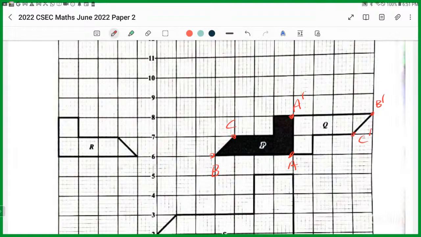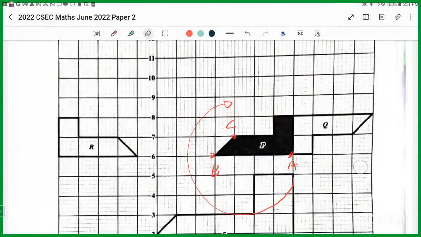Now, if I check the orientation of these three, right now it is clockwise. If I check the orientation of these three, A to B to C is still clockwise. So I know it's not a reflection because the orientation is still the same. Once the orientation is still the same, it's not a reflection. All right. So because of this turn, it's a rotation.